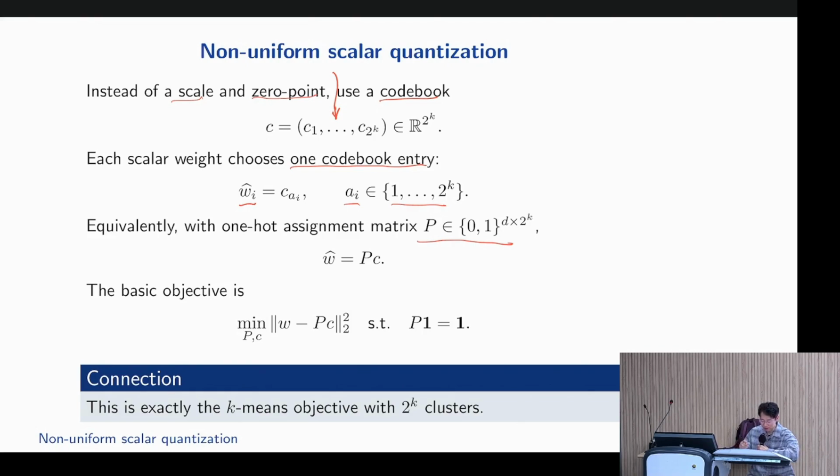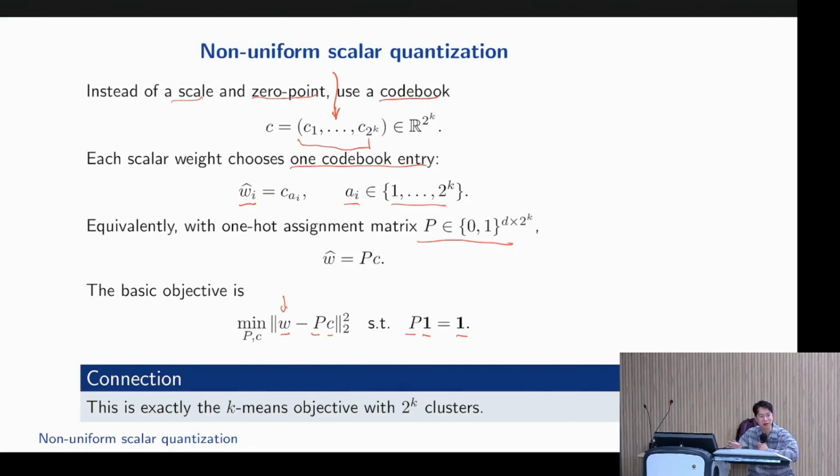So the objective is the following. Given a weight W, you want to minimize the output difference between W and P times C, subject to the constraint that P times column vector 1 is equal to column vector 1. Meaning each W must find a single entry in the codebook.